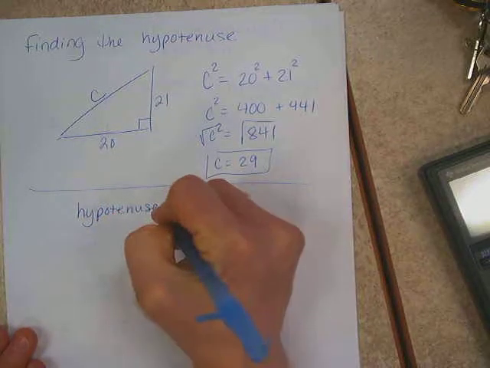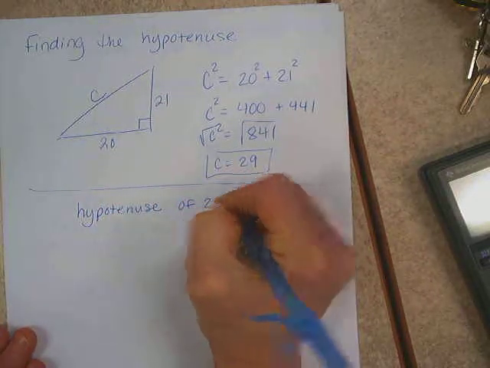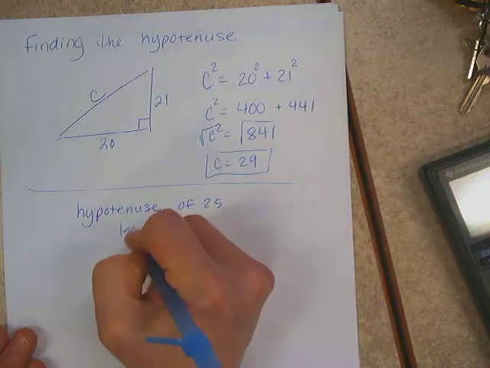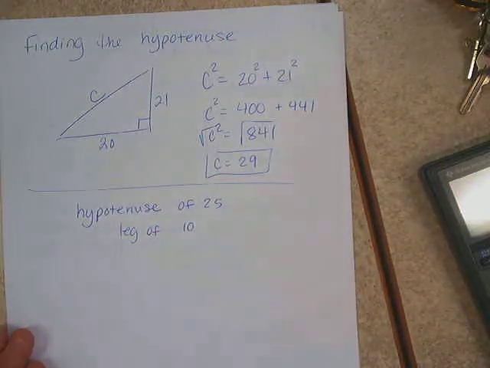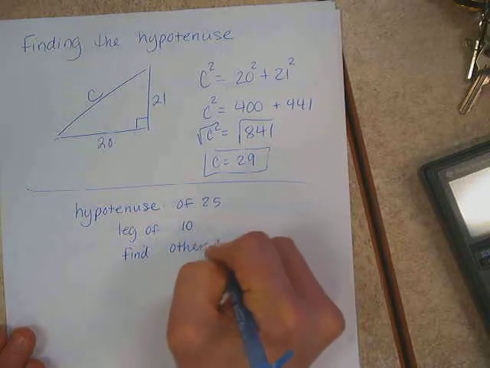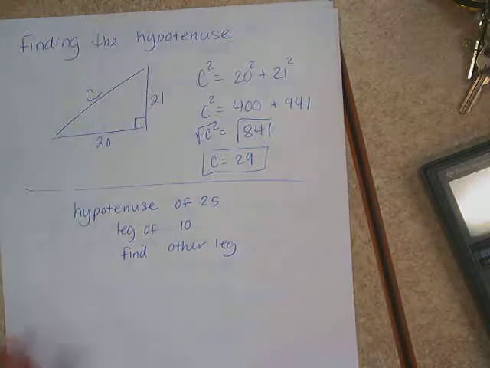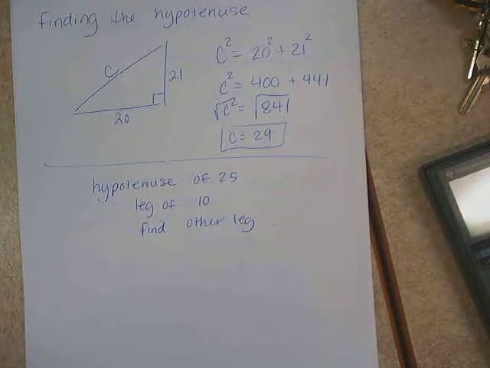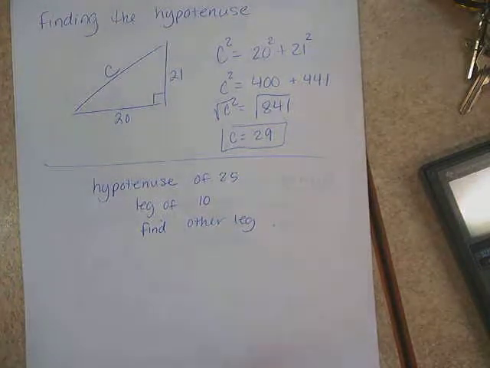Okay, now you might not have a diagram to use. Maybe they just give you some information. So if they tell you you have a hypotenuse of 25 and a leg of 10, and they want you to find the other leg, you could draw it out, but what do you need to know?